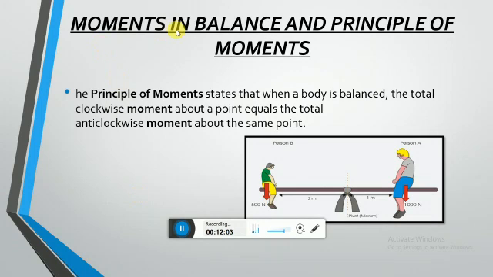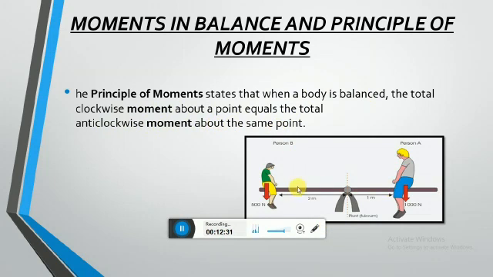Now at last, moments in balance and the principle of moments. The principle of moments states that when a body is balanced, the total clockwise moment about a point is equal to the total anti-clockwise moment about the same point.